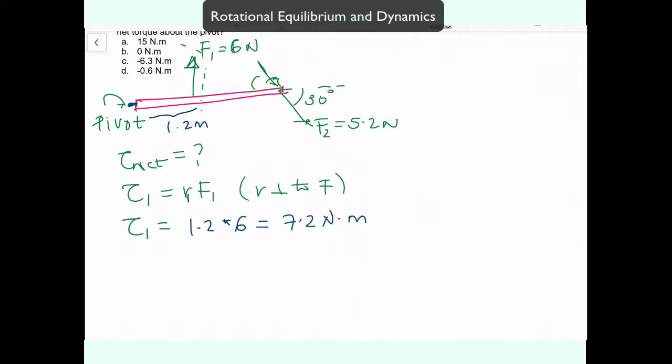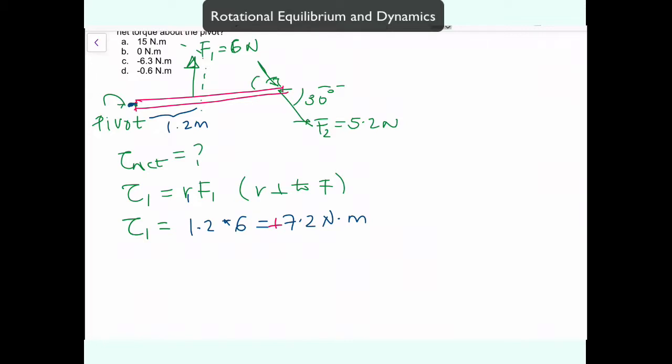Keep in mind the SI unit of torque is Newton meter, not joule. Newton meter can sometimes be considered joule, but torque is directly measured in Newton meter. It doesn't have any special name.